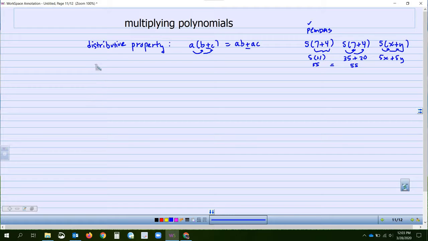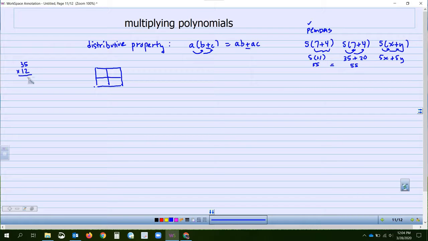Okay, I'd also like to remind you of something that supposedly you learned how to do back in elementary school, and that is multiplication using boxes. All right, so if I wanted to do 35 times 12, say. The traditional way of multiplying 35 times 12 would be to do 2 times 35.